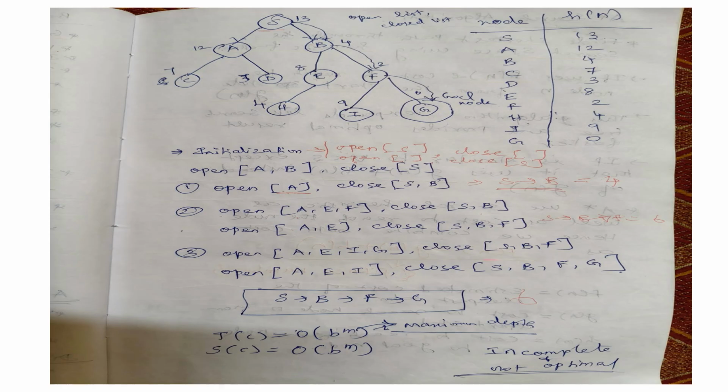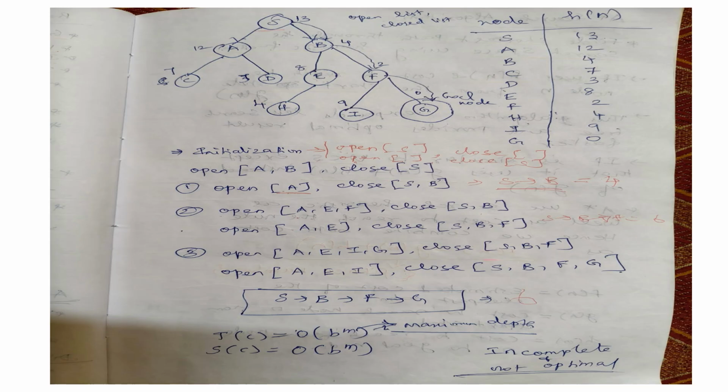So the goal node will be G. In greedy best first search, f(n) or h(n) equal to h star of n. So the node with the smallest heuristic value is always selected from the open list. So now we will be seeing the step by step procedure. Now we can take it as the initialization of the nodes.